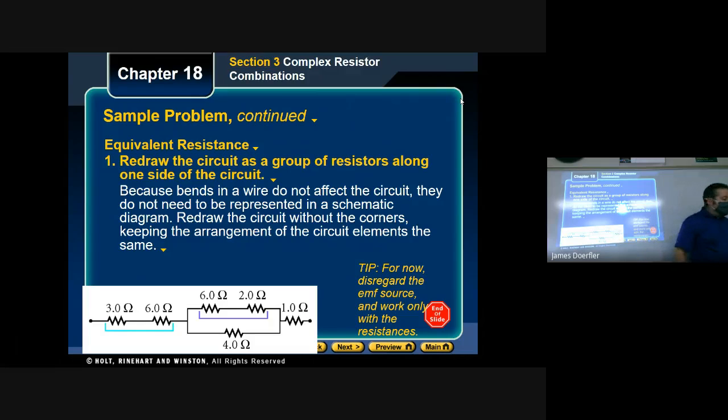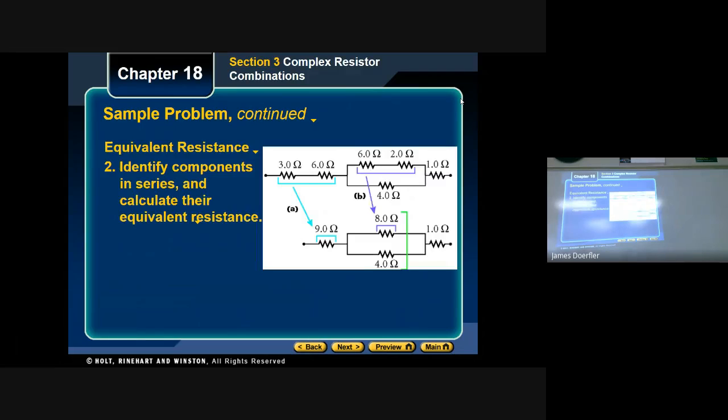As you go through this, you're going to start combining. So again, we have our first step. We group the 3 and the 6 together. We get our 9, right? 3 plus 6 is 9.